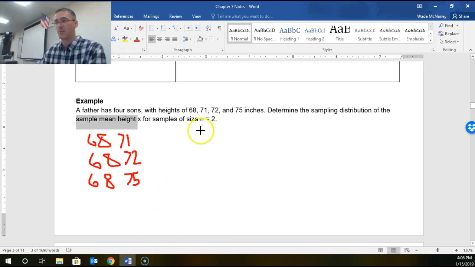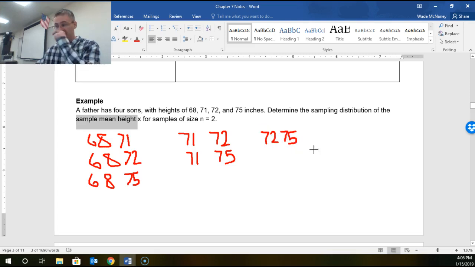My next sample of size 2 is going to be a 71 and a 72. My next one is going to be a 71 and a 75. And then my last one is going to be a 72 and a 75. Find the mean for all these.